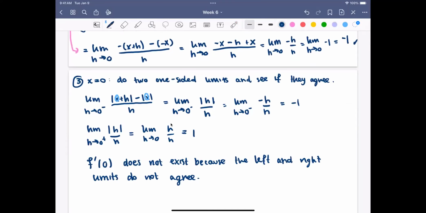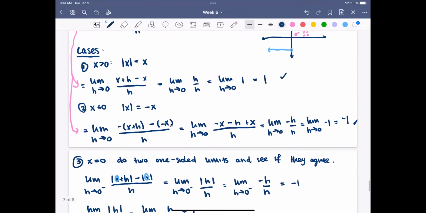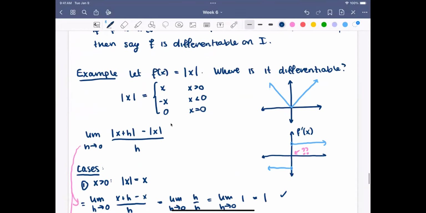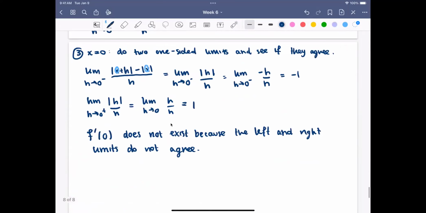The original question was, where is f differentiable? So the answer is, absolute value of x is differentiable on the interval from minus infinity up to 0, not including 0, union the interval of positive numbers, not including 0, all the way up to infinity.